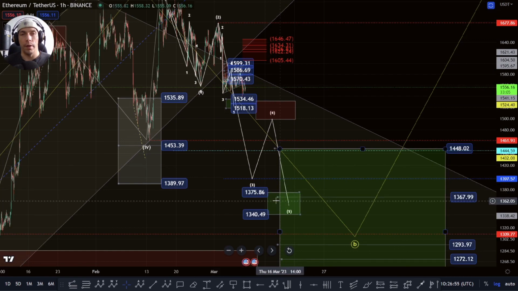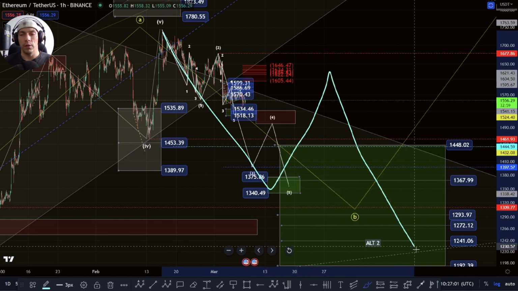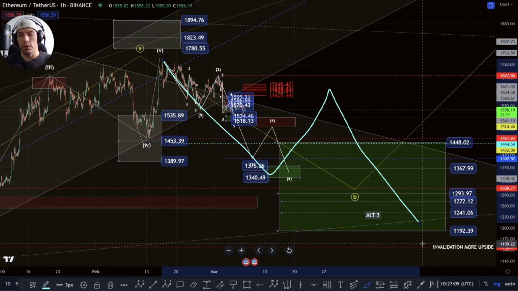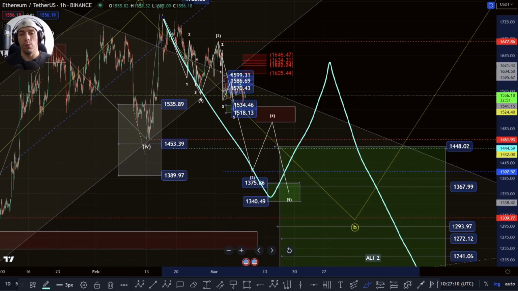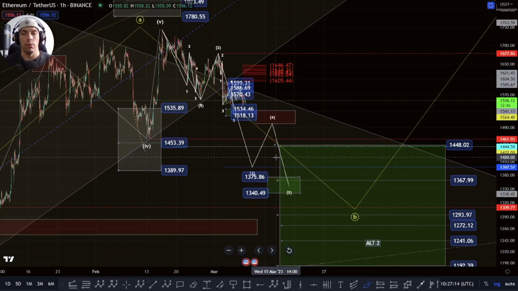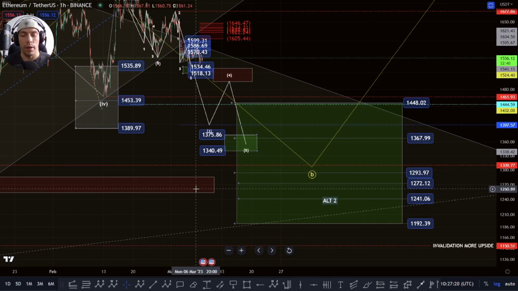If we do form a 5-wave move down like this, we need to be cautious because then this could either be A, get a B and a C. We'd be looking for a deeper retracement then, potentially coming down towards the lower end of this 1241 zone at 786. And then we could actually look to either rally from there, or this could develop into an impulse, bigger impulse down, and we're looking for that 5th wave.